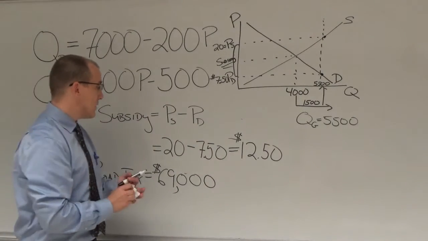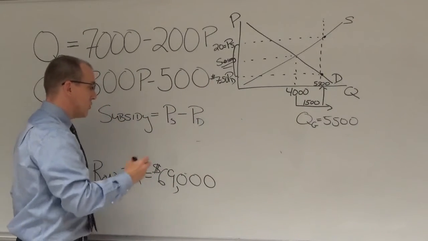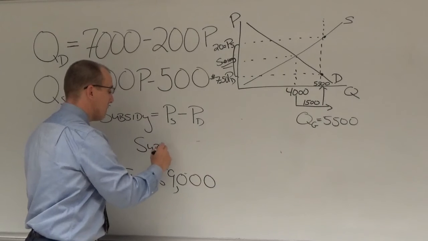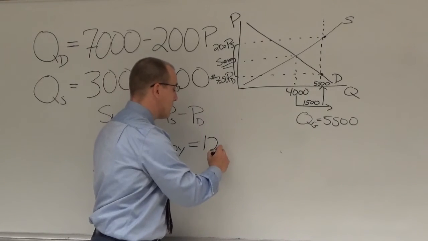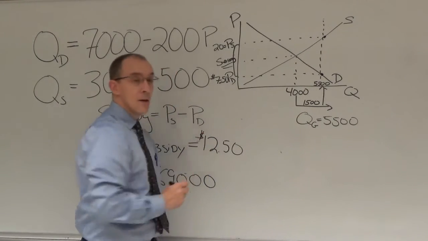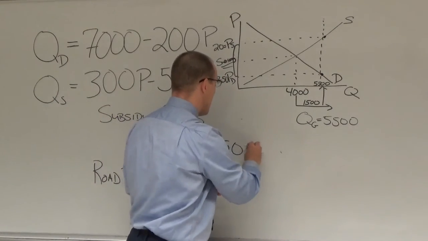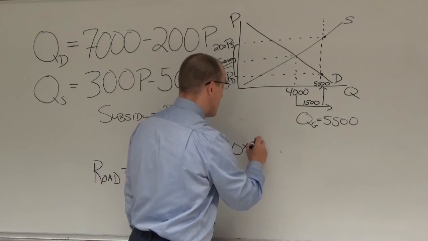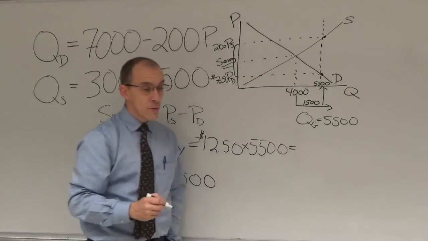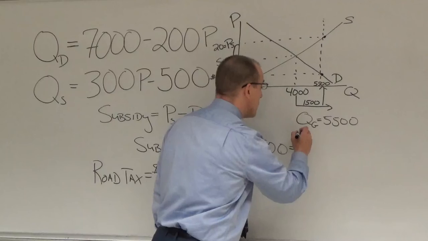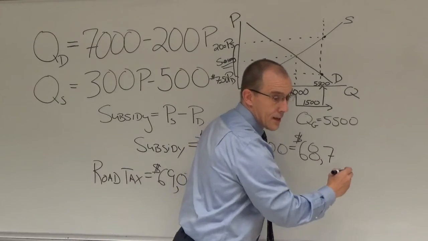Quite simply, the subsidy in total will have to equal the amount of the subsidy, $12.50, times the number of riders we have, which will be 5,500. If we multiply both of these together, we will get 68,750.